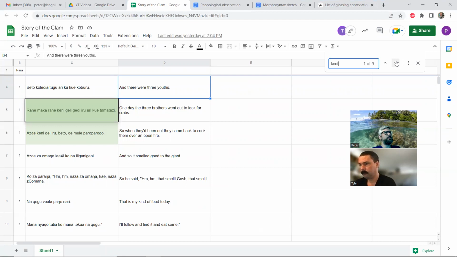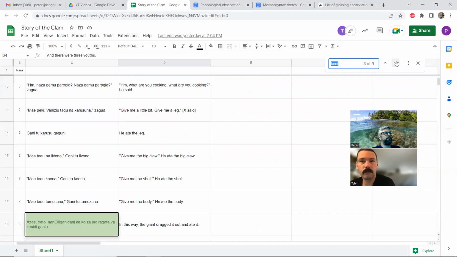Let's see if we can guess some of this Kenny. One day, the 3 brothers went out to look for crabs. So when they'd been out there, they came back to cook them over an open fire. In this way, the giant dragged it out and ate it. Ah, Kanindi. We have morphology on it. So I thought this D would be the same as dia with colon dia. That's what I thought was going to happen. But why do we get D in this one and dia in that one?